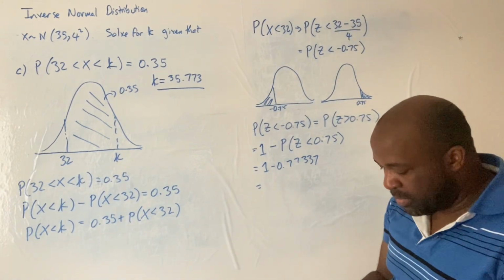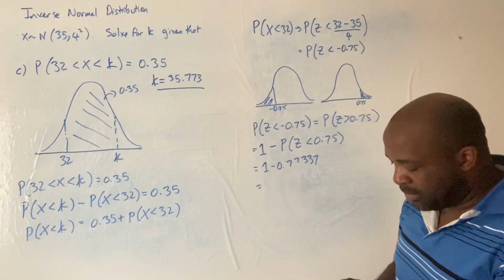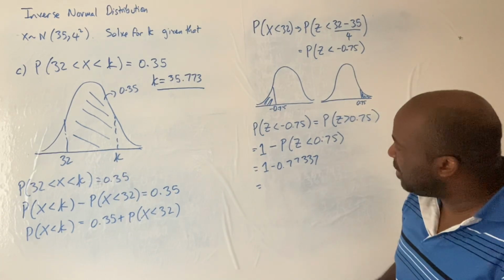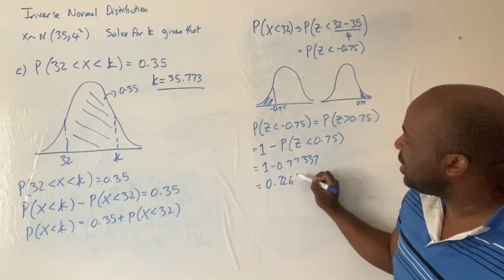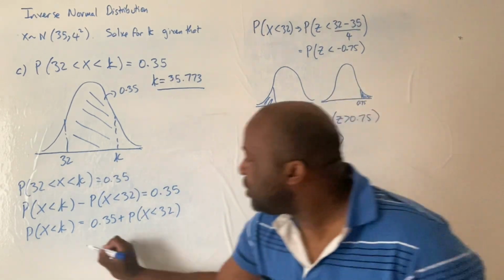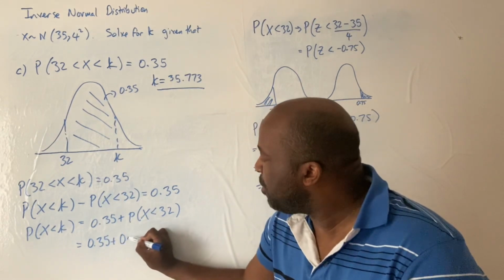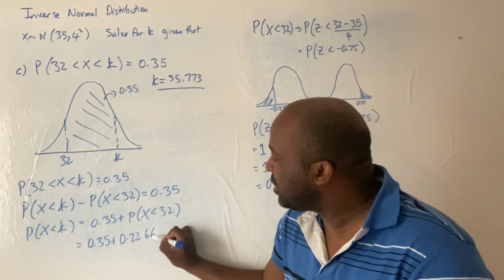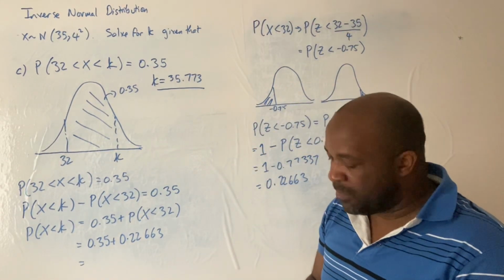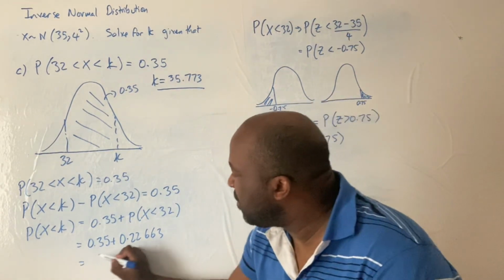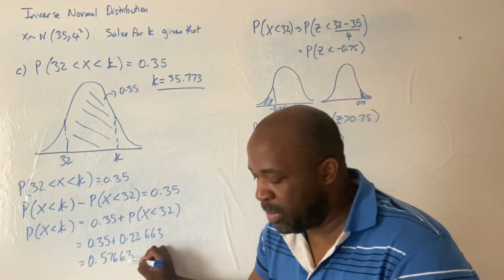Once we do the subtraction, 1 minus 0.77337, we're going to get 0.22663. So this is the same as 0.35 plus 0.22663, and that will give us 0.57663.